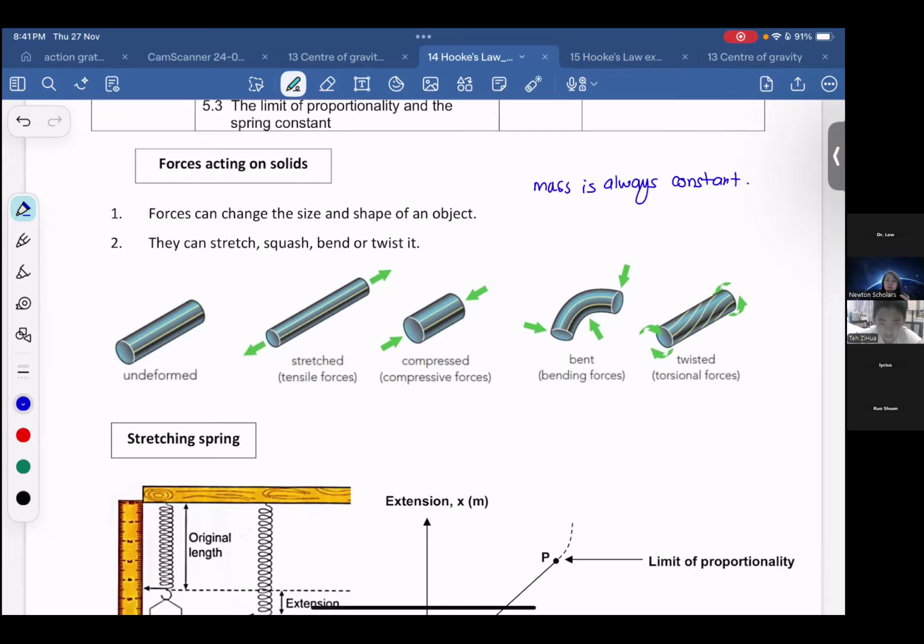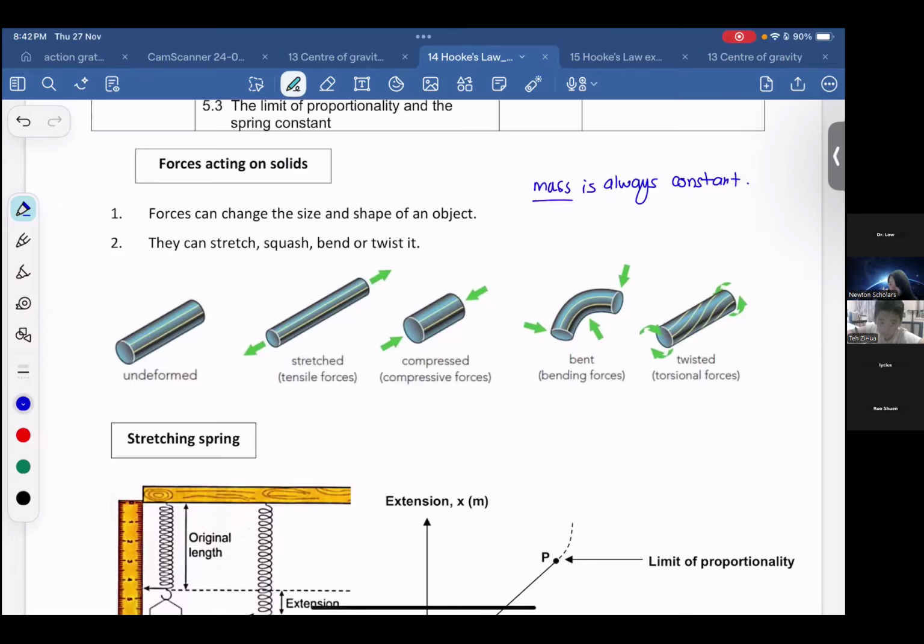They're trying to say that force can change the mass. No. If they're talking about the mass, it's always constant. Even if force is acting on the object, we won't be able to change the mass.